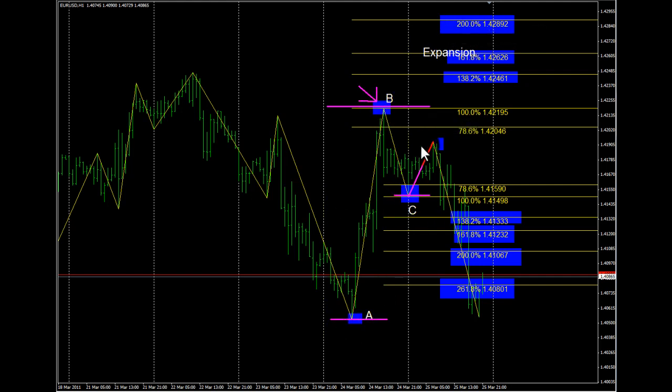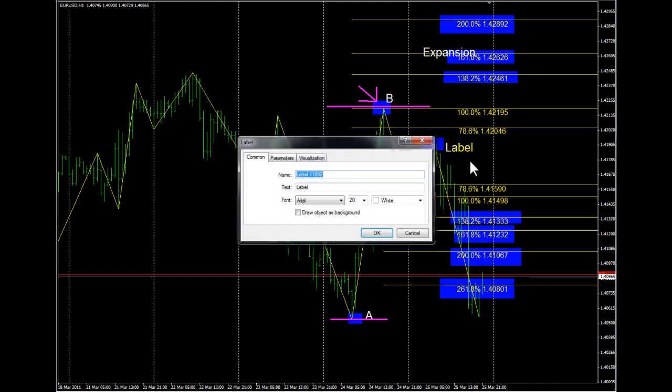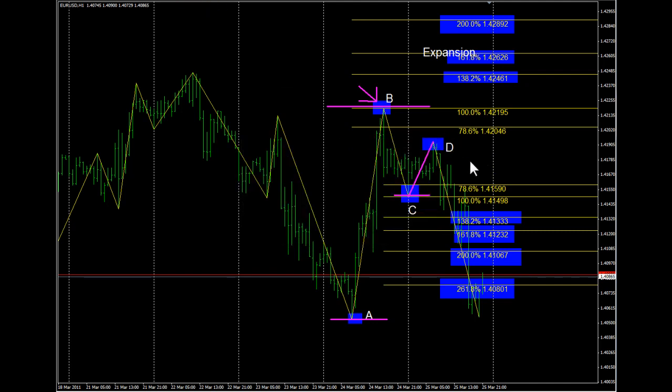For the B, C, D swing, so if I put a D here, we're taking the range of the C and D and starting out at the C and going downwards. Okay? I hope I didn't confuse anybody. Okay? Let me make an arrow so that it is somewhat clear.